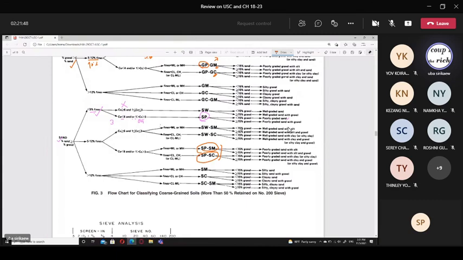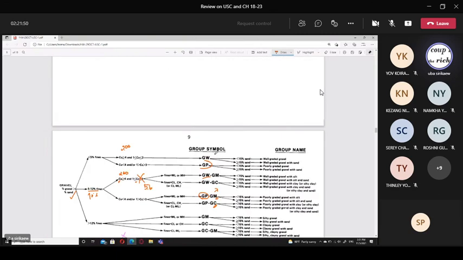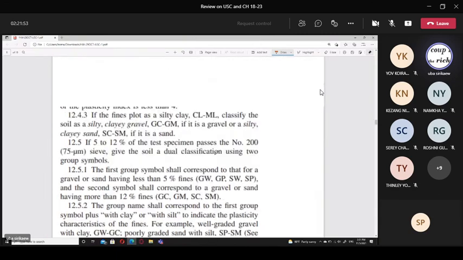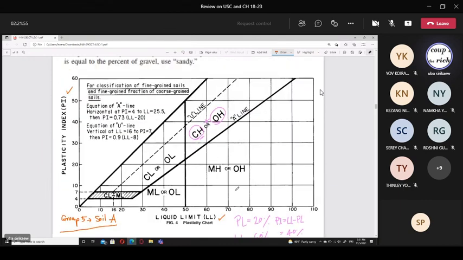When you get SM or C, is up to your plot. You should plot. If you plot like this, you get C. If you plot here, you get M, following by M. This is you have to read.